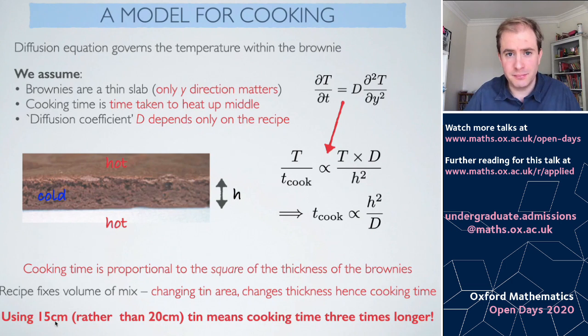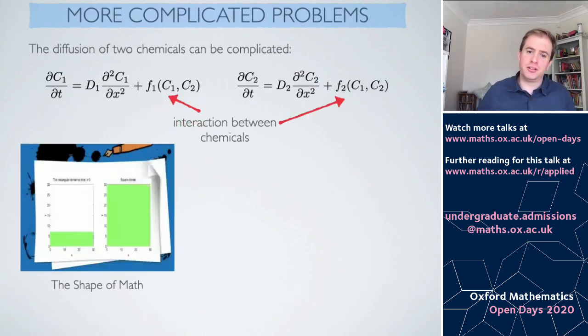Now, of course, there are many more important and substantial problems that we can use the diffusion equation for than just cooking brownies. And one of the problems that a lot of my colleagues in mathematical biology look at is how patterns form in diffusion equations. It turns out that if you have 2 chemicals diffusing with some interaction between species 1 and species 2, then you can get some interesting patterns forming.